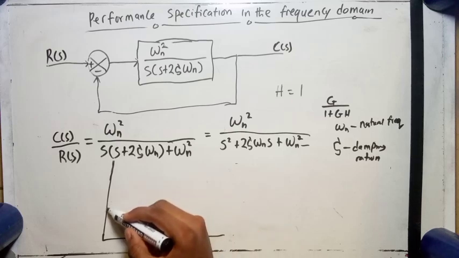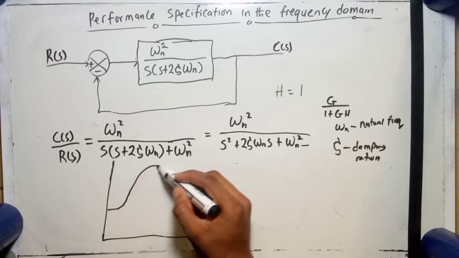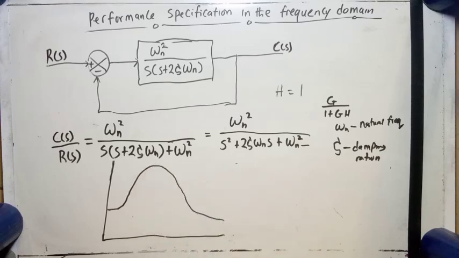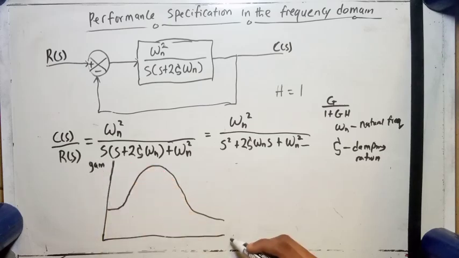Now, this is how our graph should look like. This is for our gain, and this is for our frequency. Our frequency is actually omega in this case, not W.